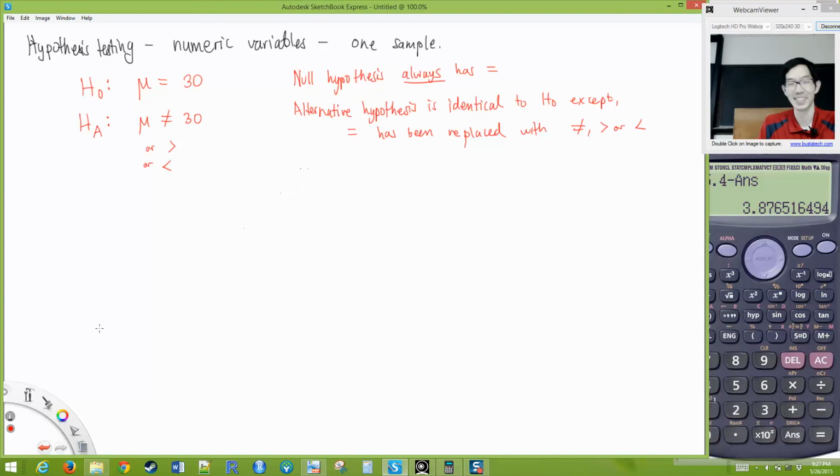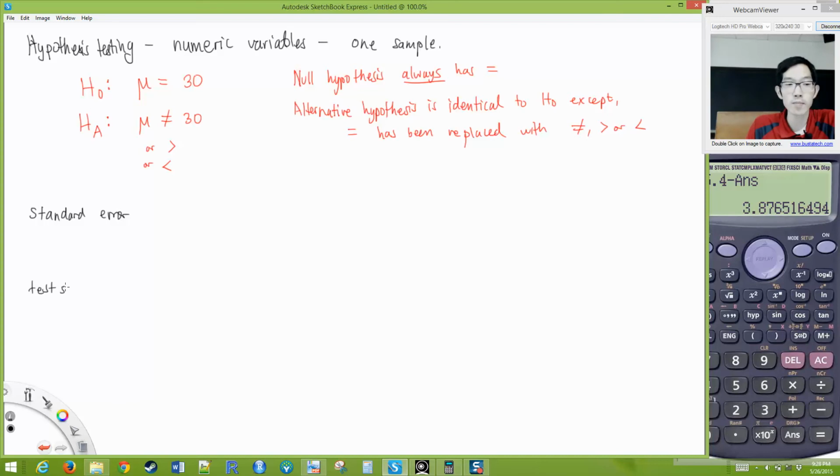All right. So when we were dealing with proportions, we had to figure out what value, and then another value, and then another value. What did you have to do? The standard error. So same type of thing. We're going to figure out our standard error, and then once we get our standard error, what do we find? The test statistic.